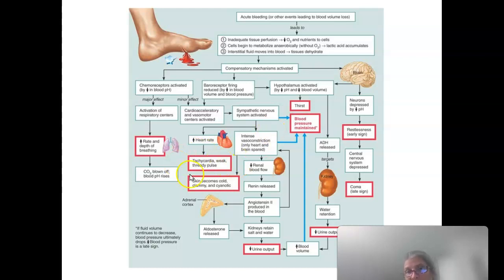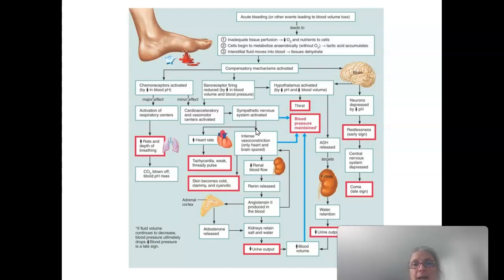So I might have tachycardia. I might have a very fast pulse that's very weak and thready. It's a classic sign of shock. My skin might get cold and clammy and cyanotic. Why? Because I just vasoconstricted. Less blood is flowing to my skin.